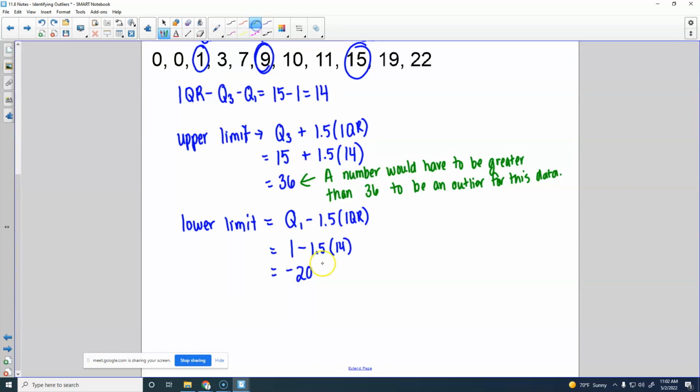So what this tells us here is a number would have to be less than negative 20 to be an outlier for this data.